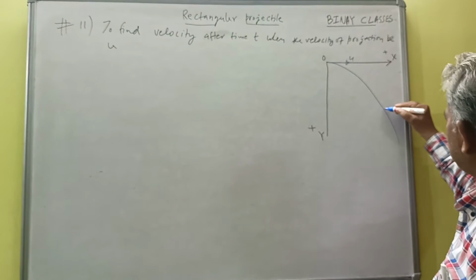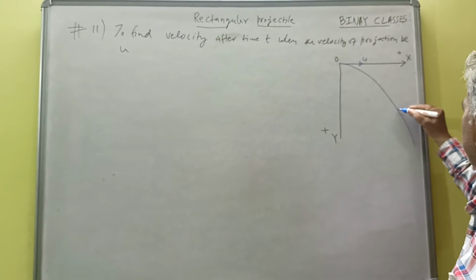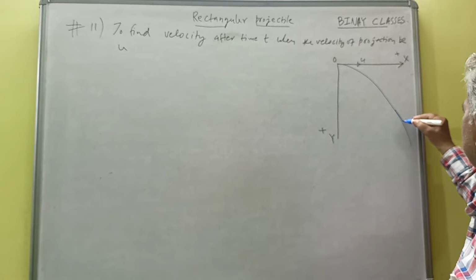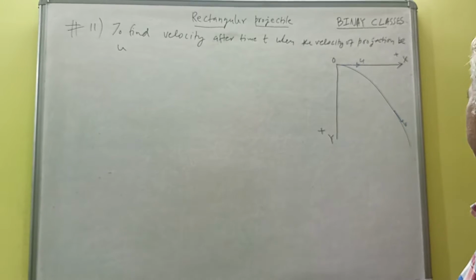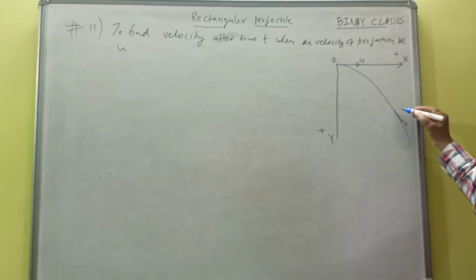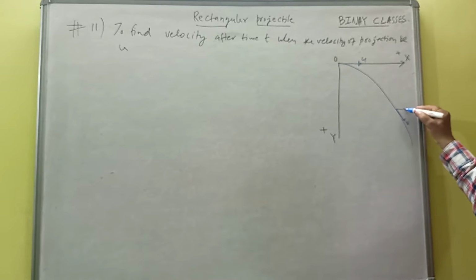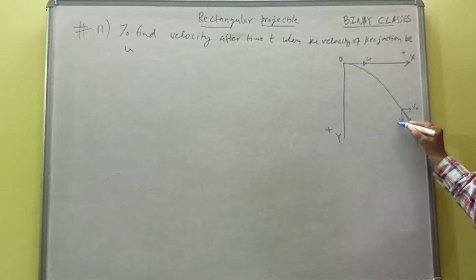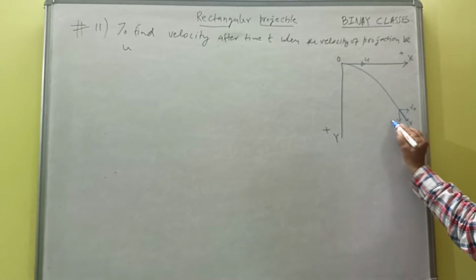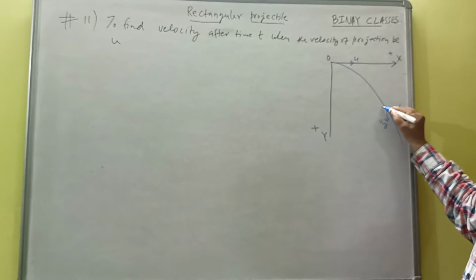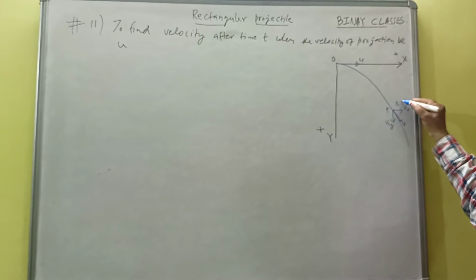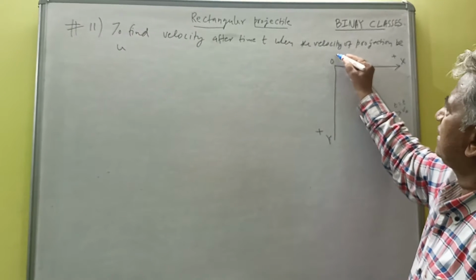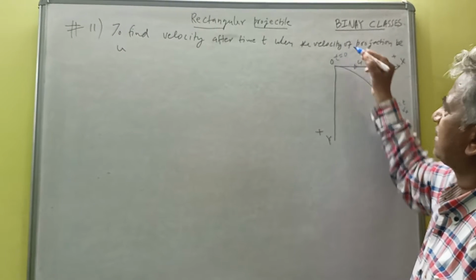We have to find the velocity at the point P where the velocity is the vector v, and the component of this vector along the horizontal direction is vx, and in the vertical downward direction it is vy. This point is P, where the object is situated at time t equal to t, and initially the object is at time t equal to 0.